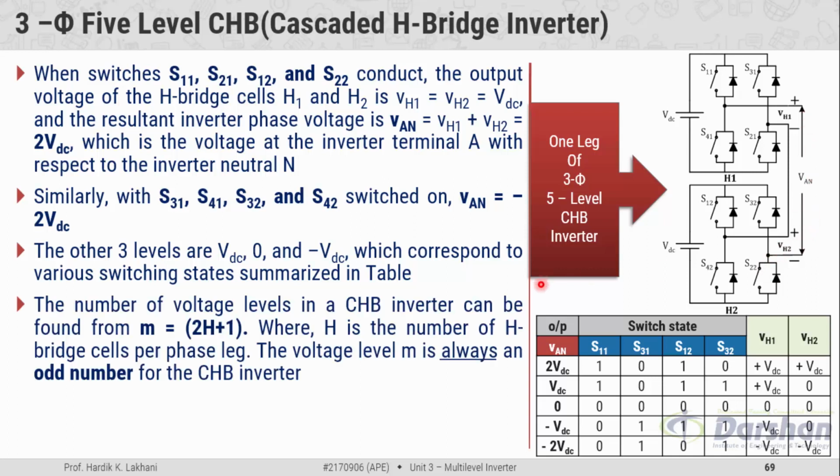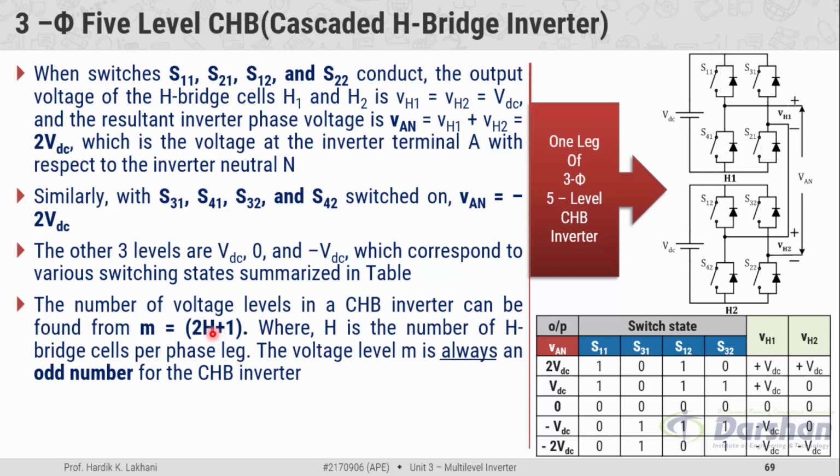The number of voltage levels in a CHB inverter can be found from the expression 2 into H plus 1, where H is the number of bridge cells per phase leg. For this leg, we have 2 units of H bridge, so H is equal to 2.